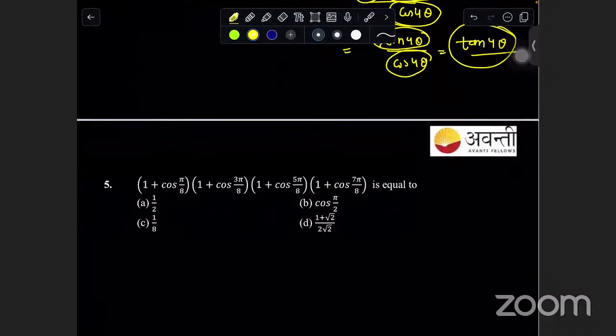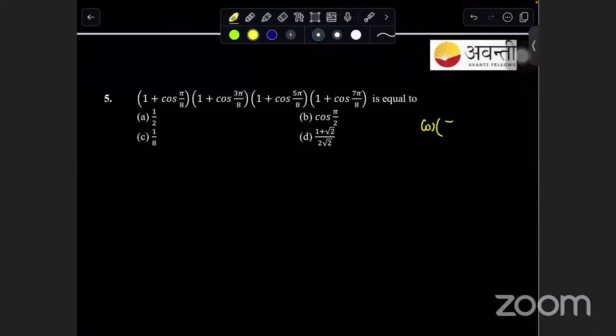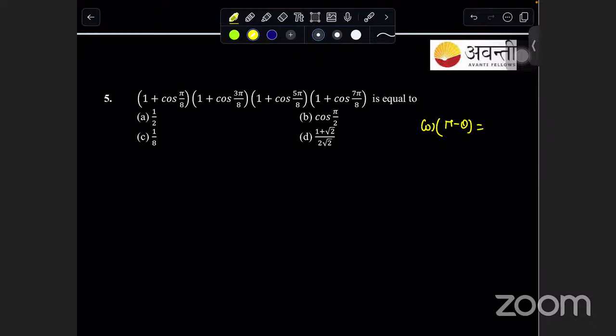Now see, this is an easy question. Let us try this one. But before doing it, one thing now comes into the picture: trigonometric conversions. Can somebody please tell me cos pi minus theta is what? Is it cos theta? Is it minus cos theta? What it is?